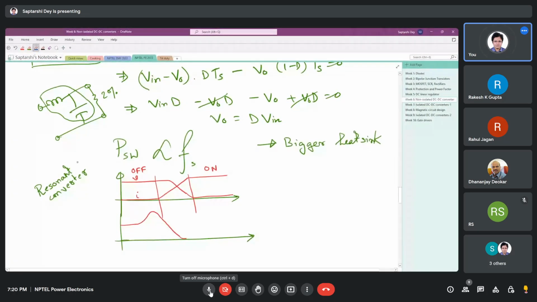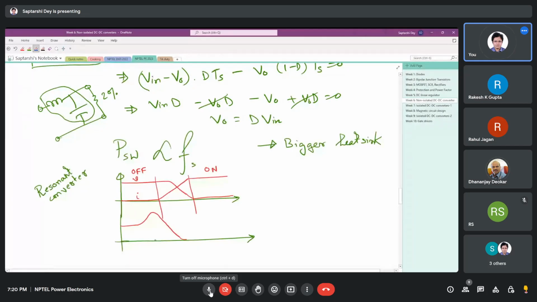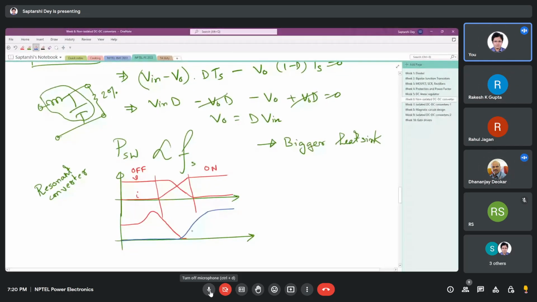Once it falls to 0, only then does the current increase. So in this way we can ideally have zero power loss in the switches, zero switching loss.